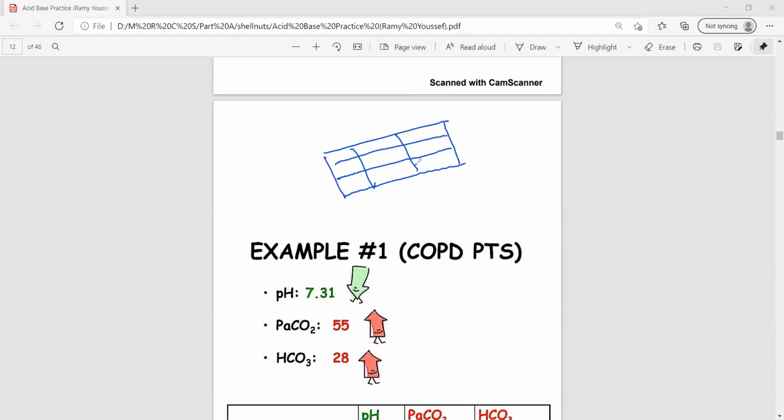The pH is 7.31. Here is acid, here is normal, here is alkali. pH is acidotic.